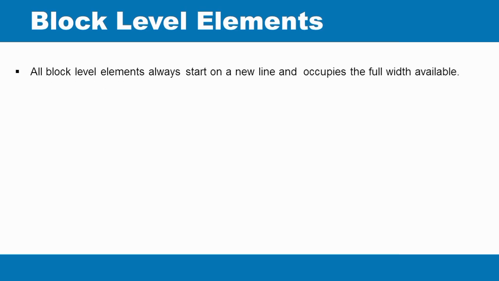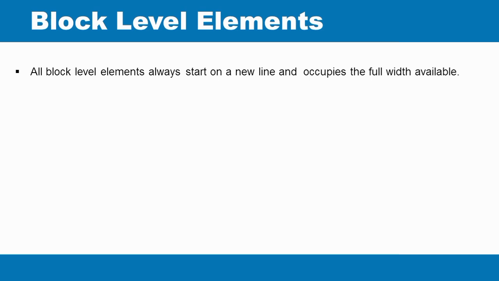A block level element always starts on a new line and takes up or occupies the full width available. So a block level element will stretch out to the left and right as far as it can.